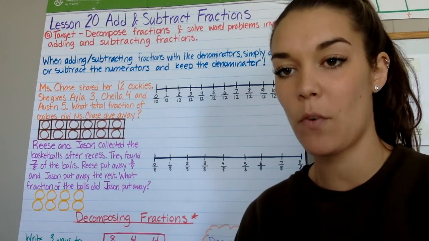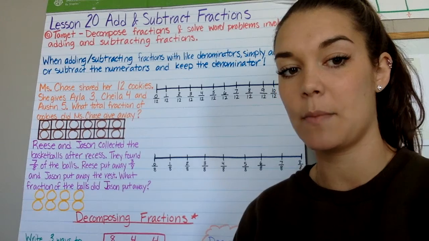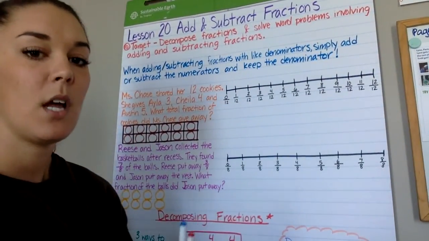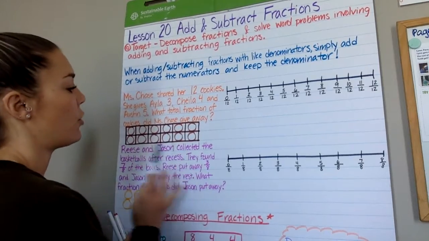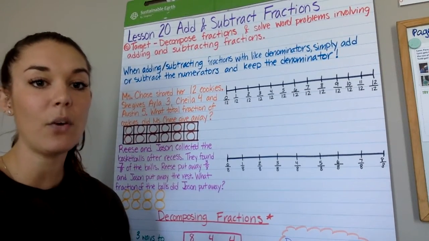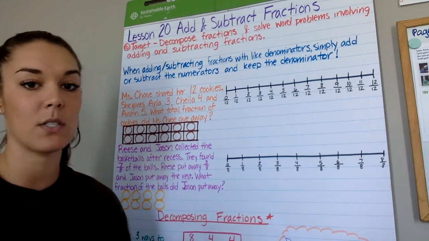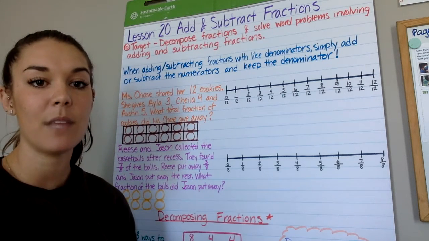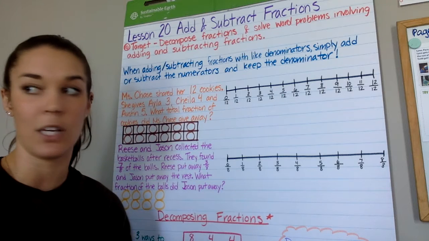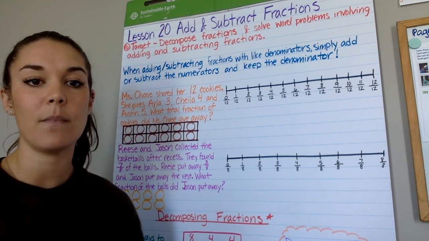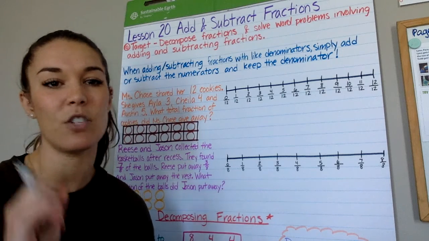So I'm going to show you some different ways that you're going to be solving these types of problems. So one way is to do a picture. So in my picture, I showed 12 cookies. I know that's what I'm starting with. I have 12 equal parts. And now I'm going to go in and label who gets those cookies, okay? So how I like to do it is use a letter to show instead of shade, okay?